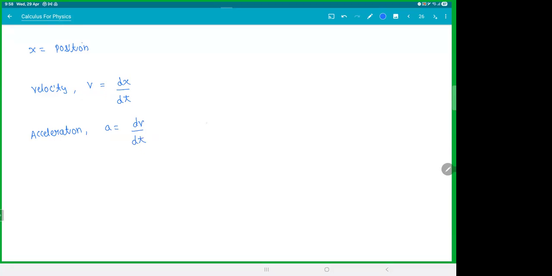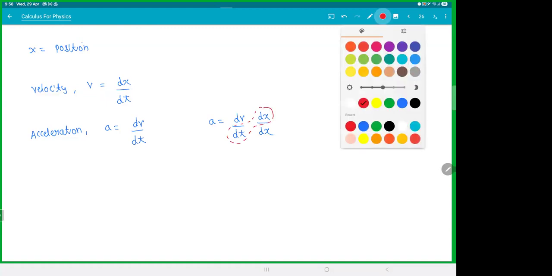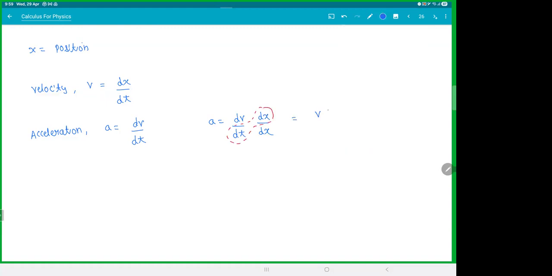Look at this. dv by dt, multiply and divide by dx. Then your dx by dt becomes velocity. So this can be written as v dv by dx. So for acceleration, we have two formulas, everyone. Either you can use dv by dt or you can use v dv by dx.